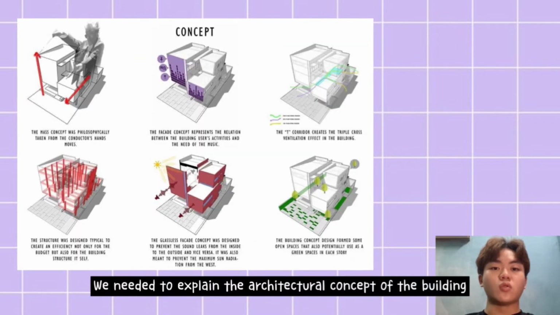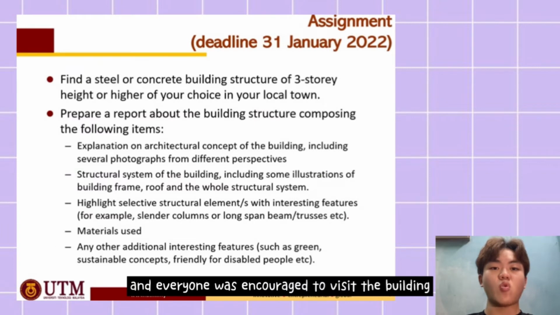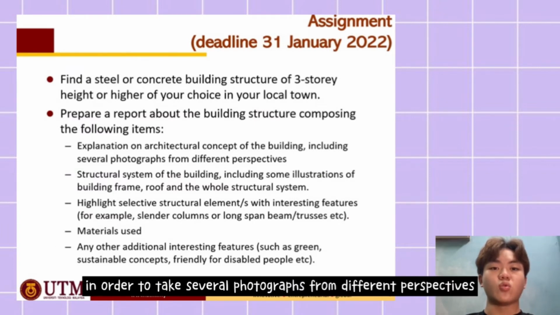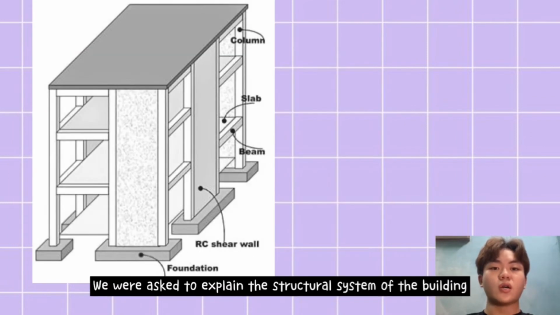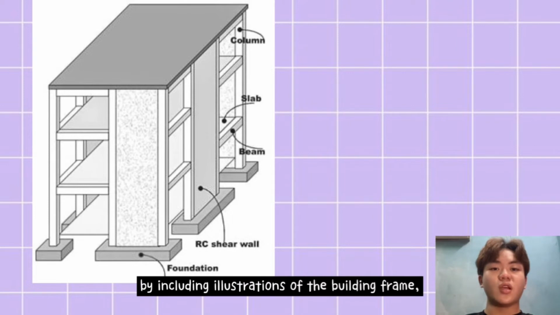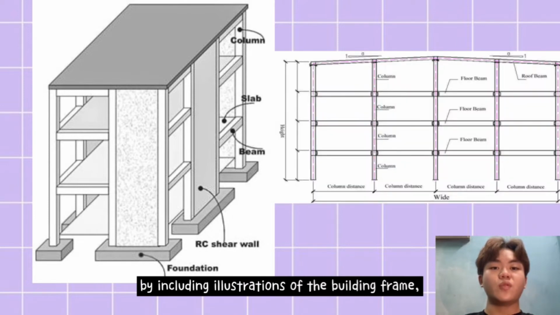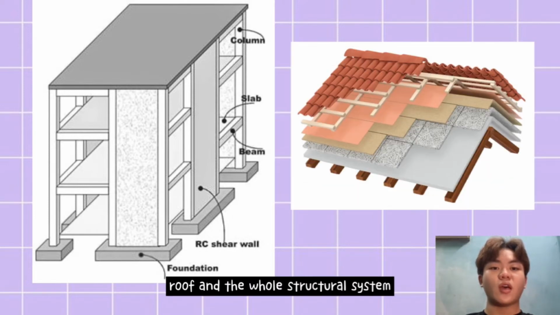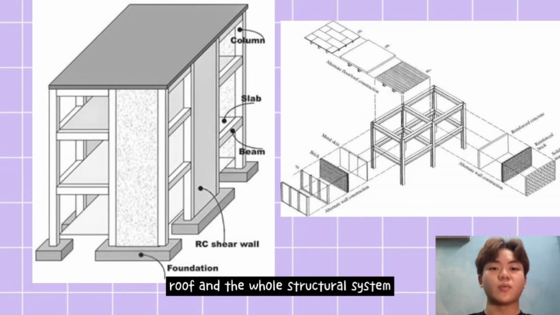We needed to explain the architectural concept of the building, and everyone was encouraged to visit the building in order to take several photographs from different perspectives. We were asked to explain the structural system of the building by including illustration of the building frame, roof, and the whole structural system.